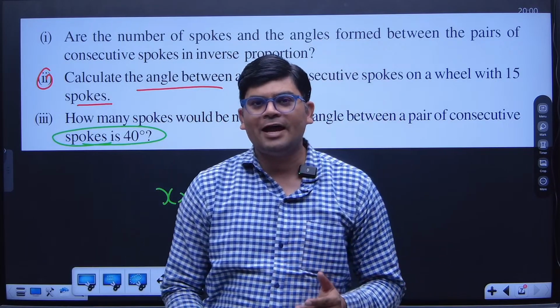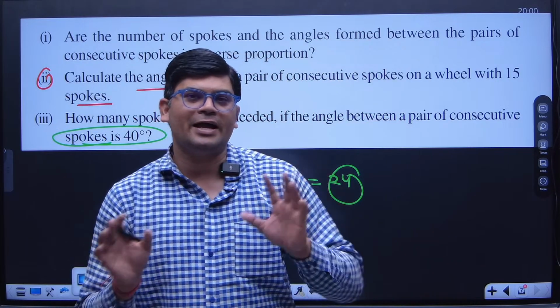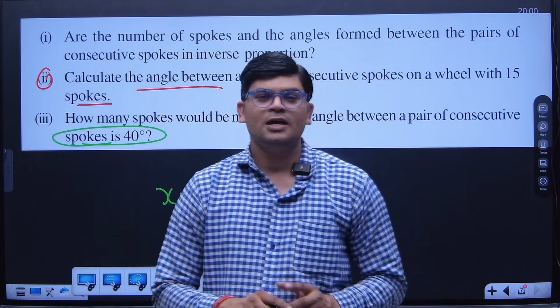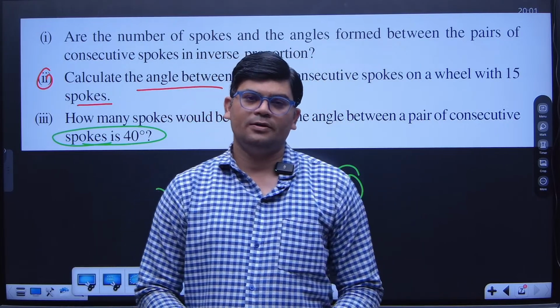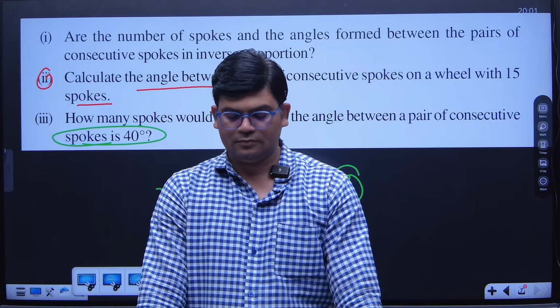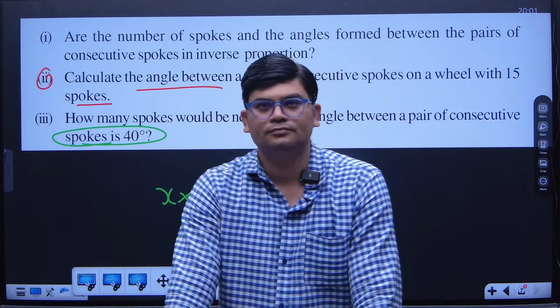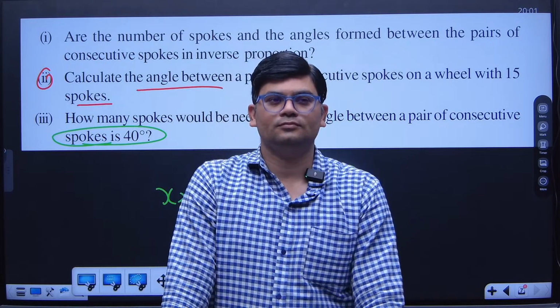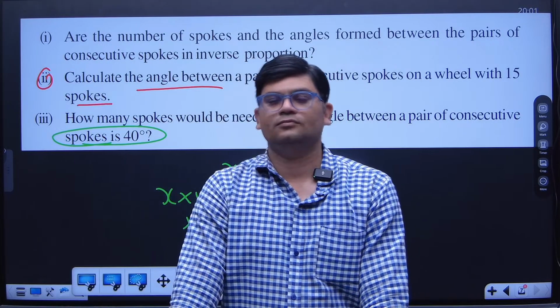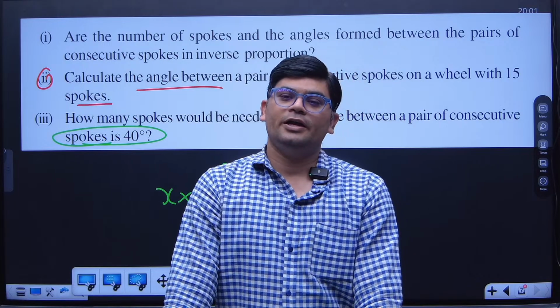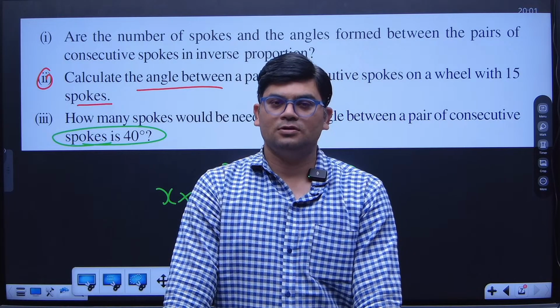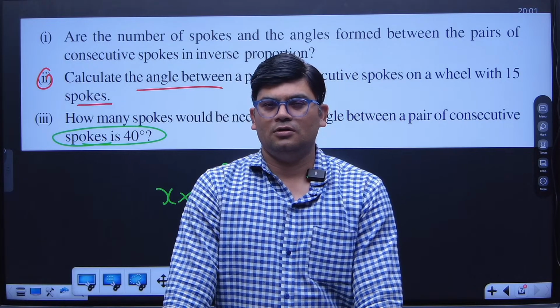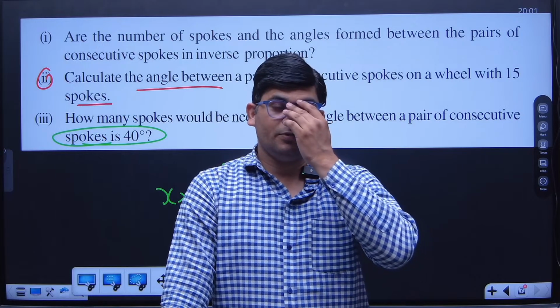Have you seen the fan blades? What is the angle difference between two fan blades of a fan having 3 blades? Tell me. Sir, it is 120 degrees. How much? 120 degrees. Why is it 120 degrees, sir?